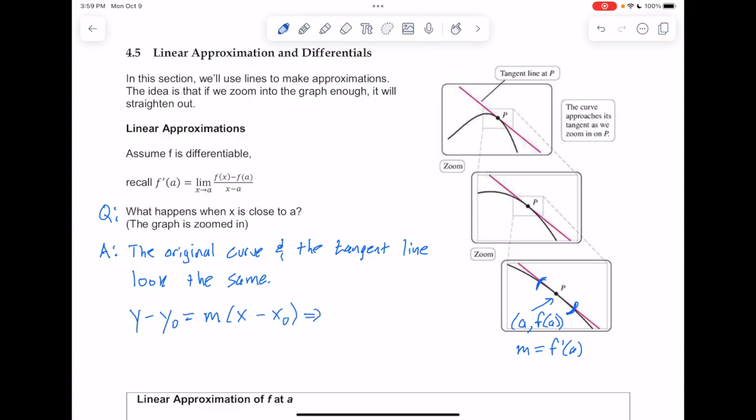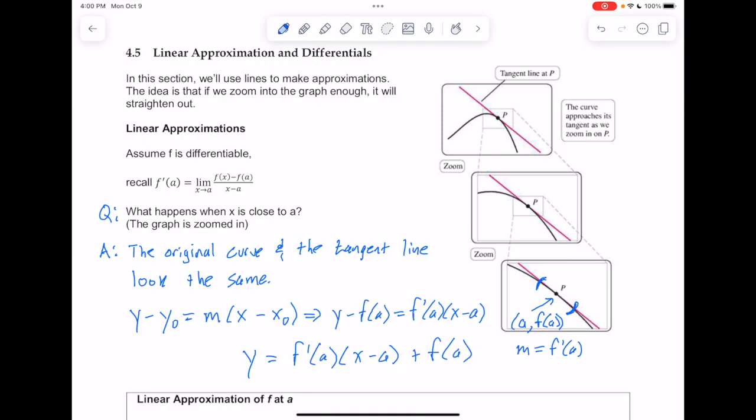So in this case, that becomes y minus f of a, because f of a is our y-coordinate at our point of tangency, equals the slope, which is f prime of a times x minus a. And then we add the f of a to both sides, and we get y is equal to f prime of a times x minus a plus f of a.